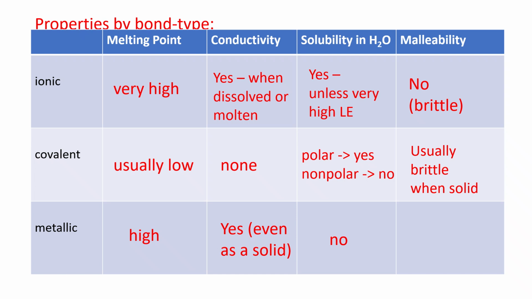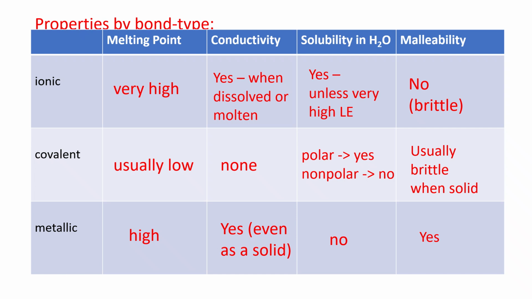It shatters, and that's again because of the very strong hydrogen bonds that, if rearranged, almost like ions in a salt crystal, will repel each other. But again, that's only in the solid state, right? And then metallic, we just talked about, are very malleable, and that's because they can be rearranged within their sea of electrons and not repel each other.